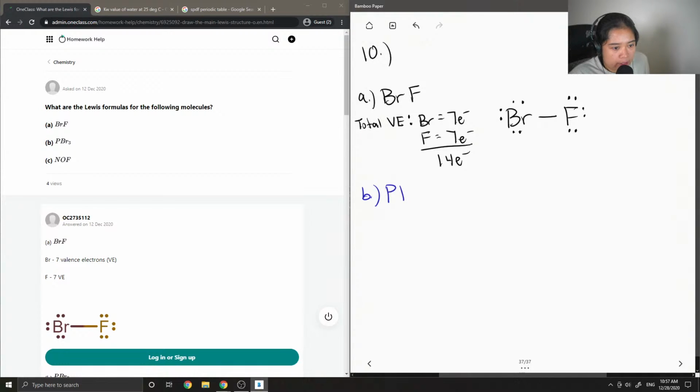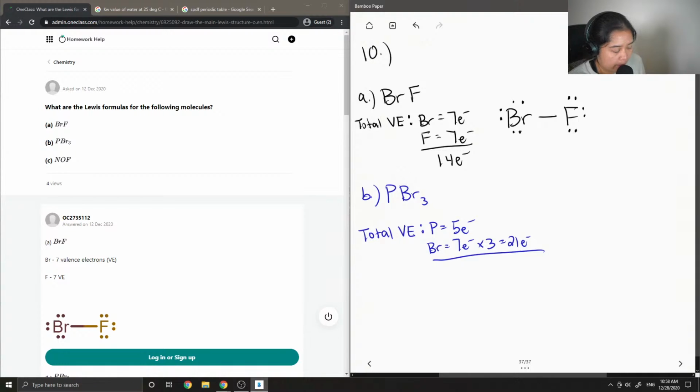Next, we have phosphorus tribromide. So its total valence electrons is equal to phosphorus having 5. And again, bromine has 7, but since there are 3 atoms of bromine, it's 21.